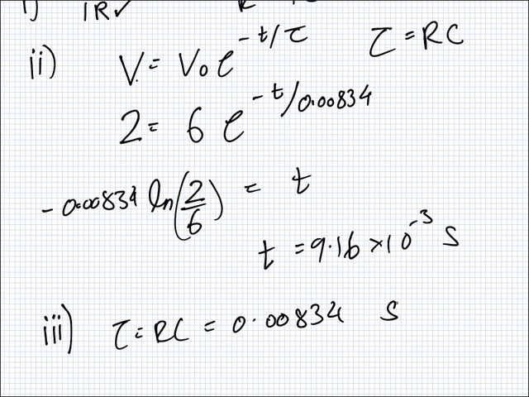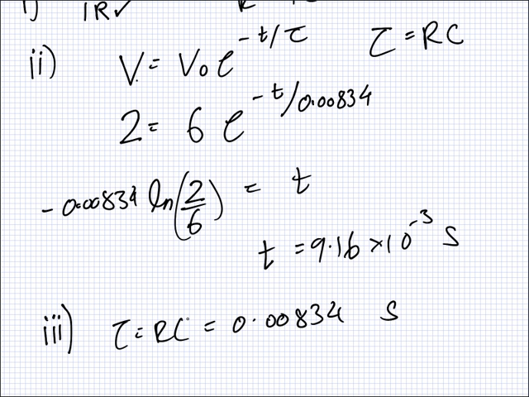So they must have some other way to do part 2 in the marking scheme. But there are no other ways. So they ask you to do something that needs the time constant, and then the next part asks you what the time constant is. Are you sure? Yeah, alright. That's weird. They want to confuse us. Right, what's next then?